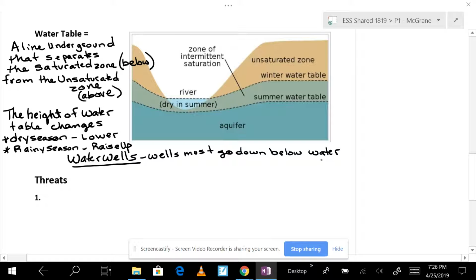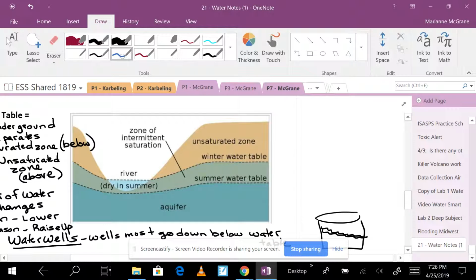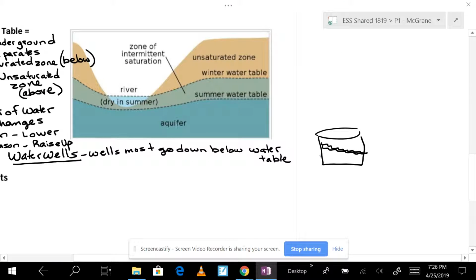Think about your little straw that you created in your aquifer. If I have this, your aquifer, your rocks, and then you had your water going like this.